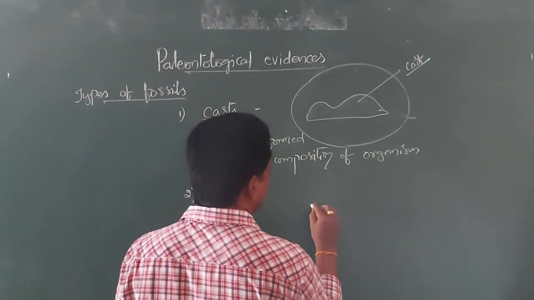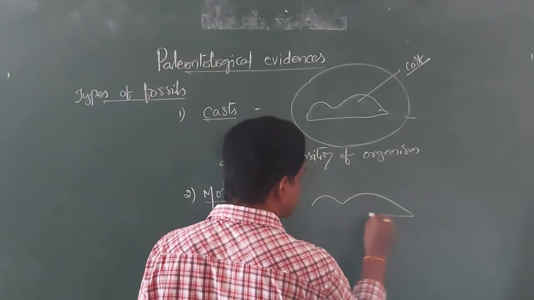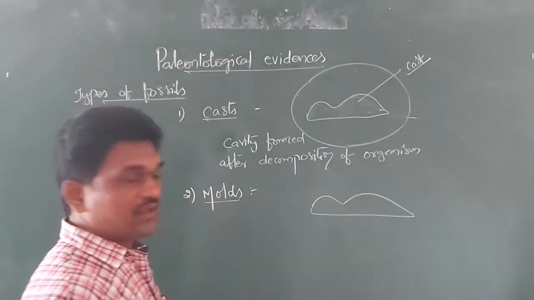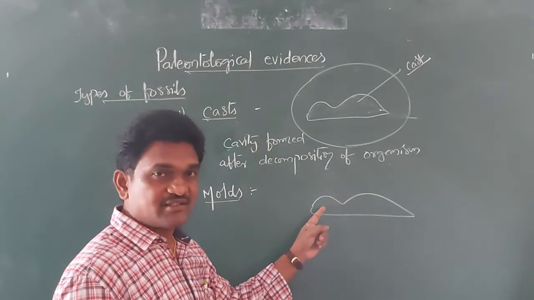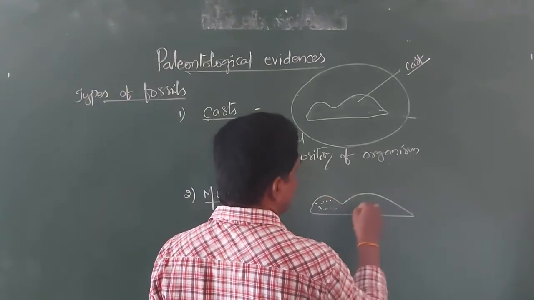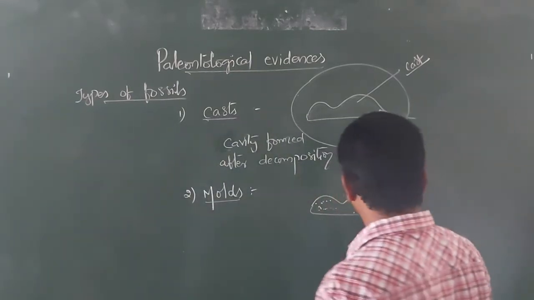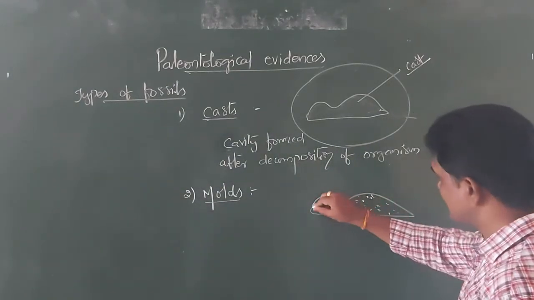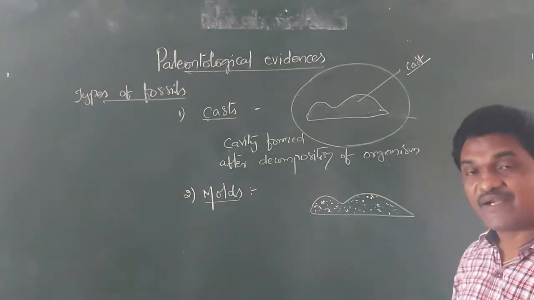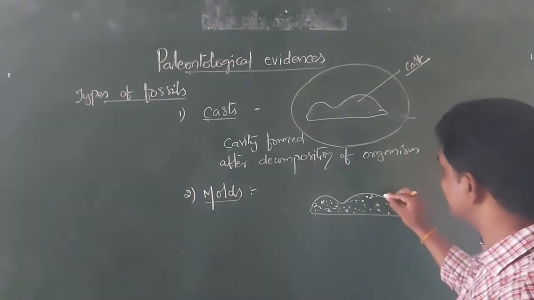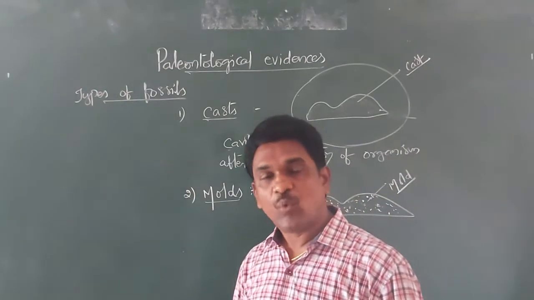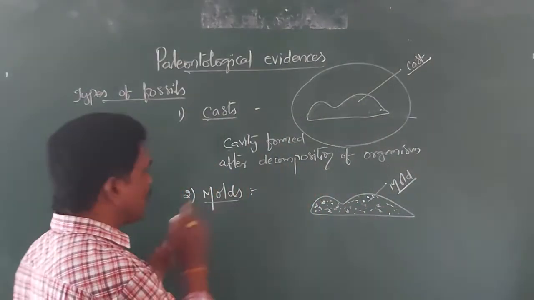Suppose this is the cast formed after the decomposition of the body. We have mentioned here, cavity means cast. If this cavity is filled with mineral material, that deposited material in the cast is known as mold. It also assumes the shape of the organism that was decomposed there. So, what is mold?